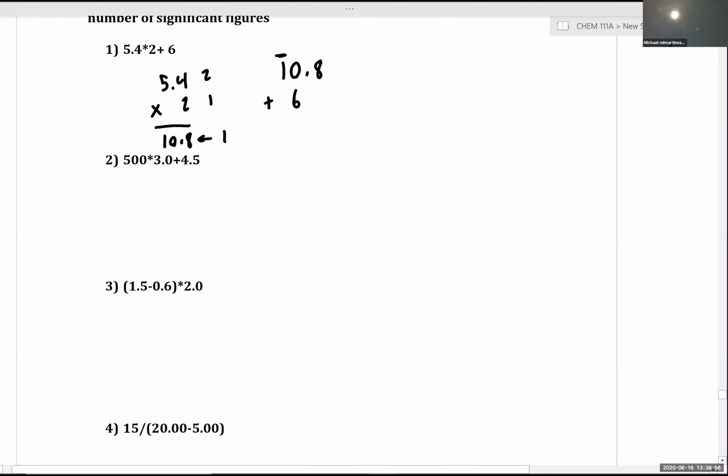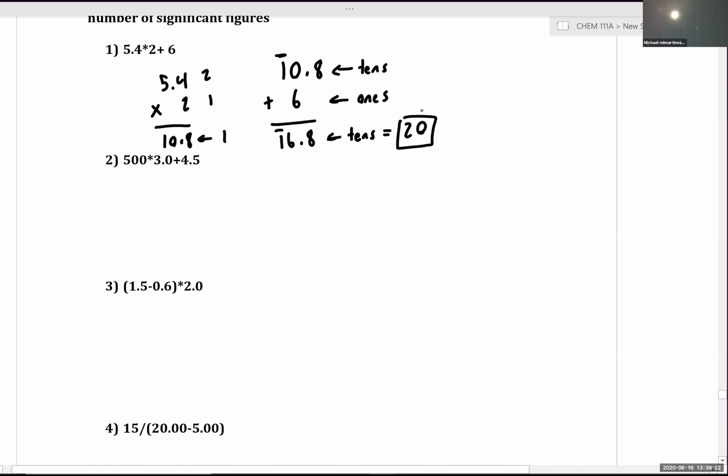So when we add 6 to it, this number we can report only up to the tens place, while 6 only reports up to the ones place. Then when we add our numbers together, we get 16.8. If we round to the tens place, that in turn gives us 20.